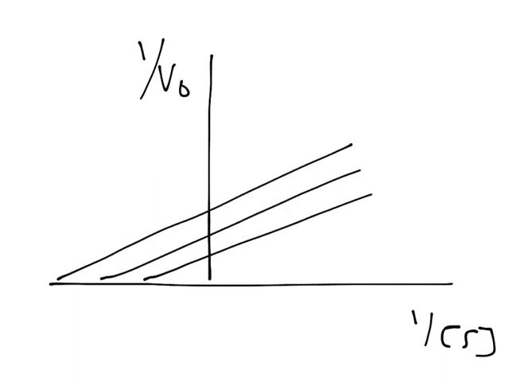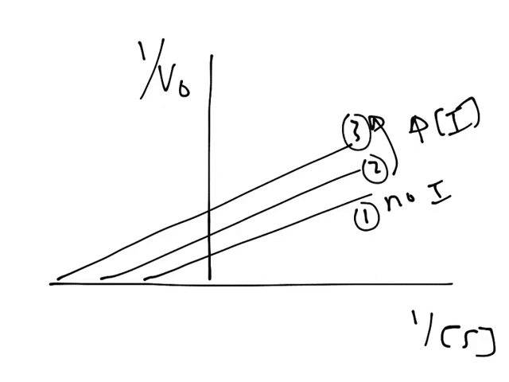So now, again, we've got no inhibitor and then increasing concentration of inhibitors from experiment 1, experiment 2, experiment 3. Now what we see is that 1 over Vmax, which is this intercept here, is increasing as you add more inhibitor.